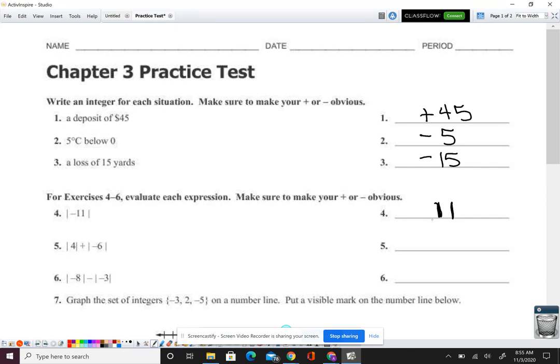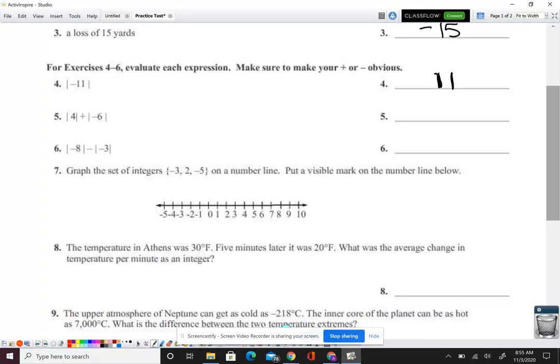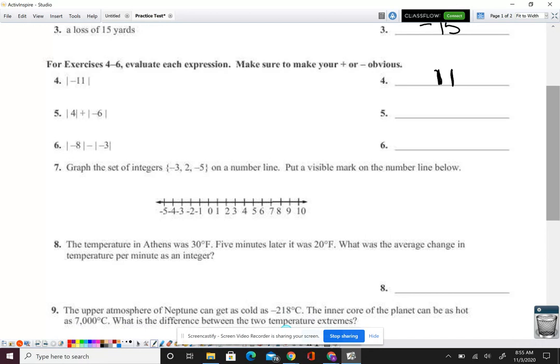Number 5. Each one of those absolute values just has a single thing in it. So, is that large enough for you? Oh, you've got your paper in front of you, so you can look at that. Since this is an addition with 2 absolute values, some work you might show is 4 plus 6.